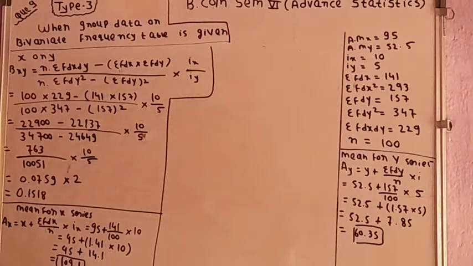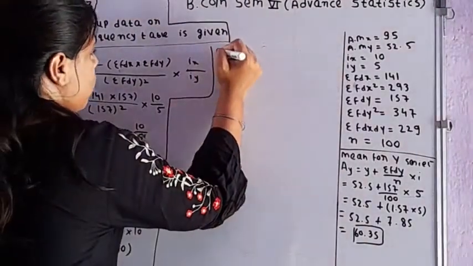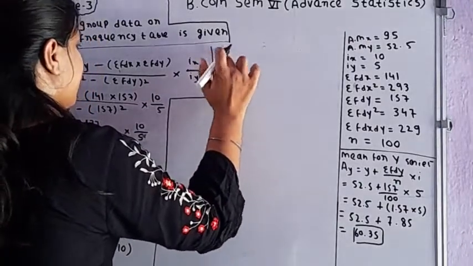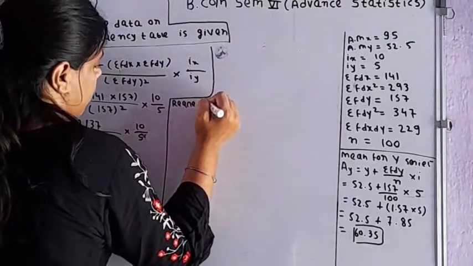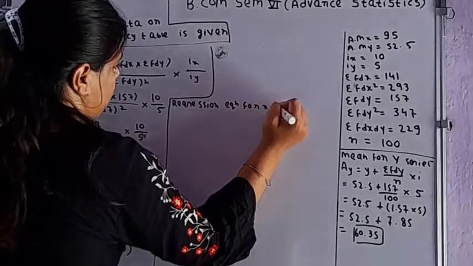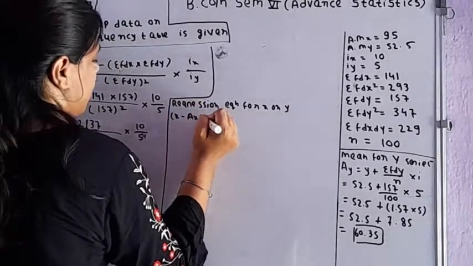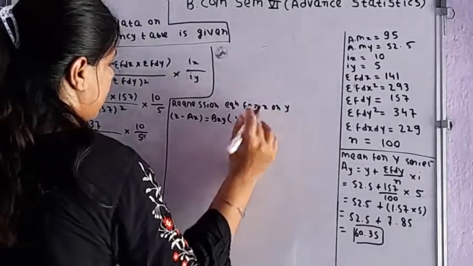Okay. Now what will we calculate? We will calculate the regression equation for x on y. The formula to compute the regression equation for x on y is x minus ax is equal to bxy into y minus ay.